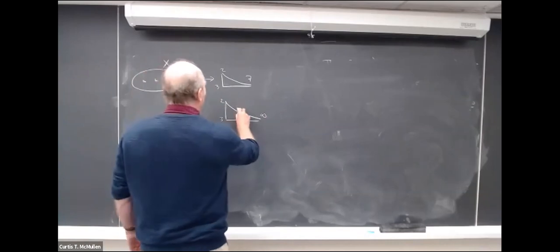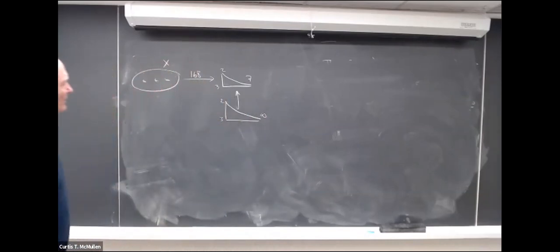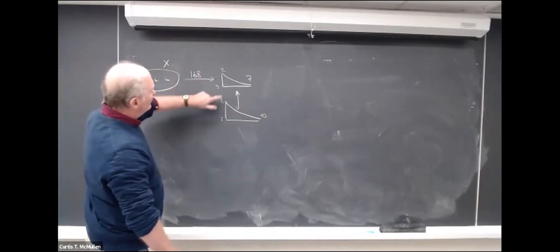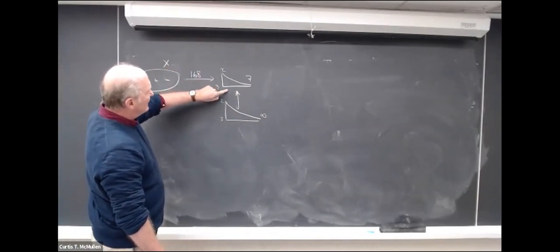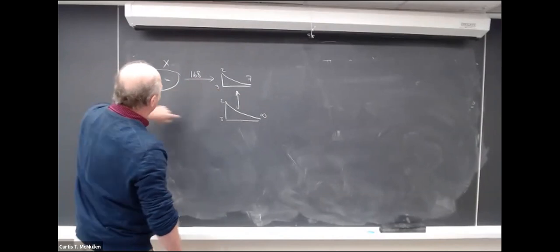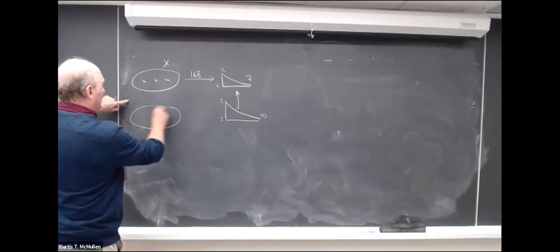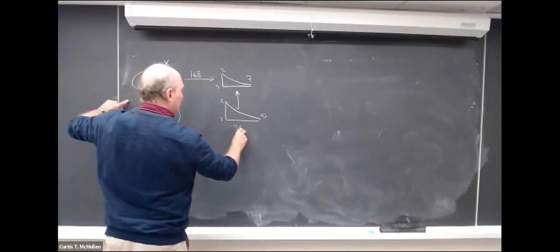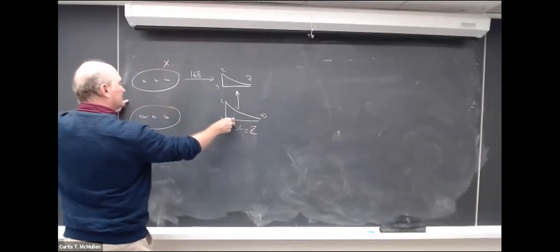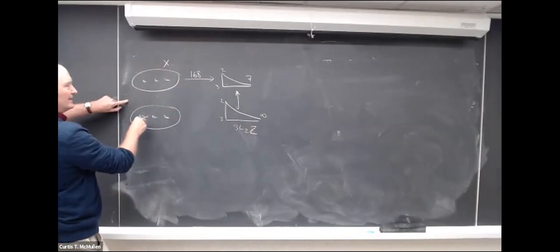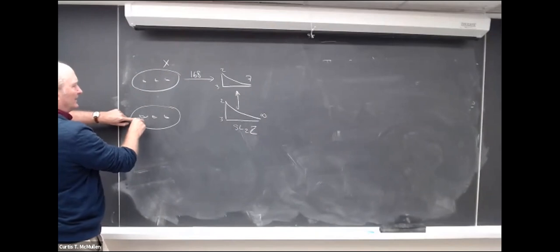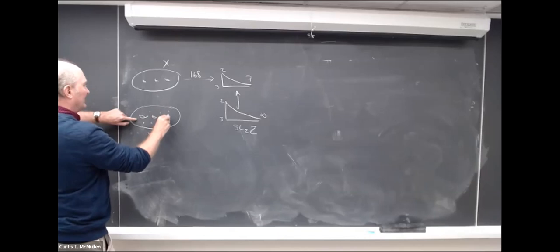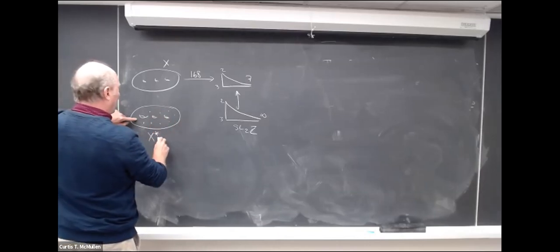Well, there's an inclusion of this orbifold into this one. And the covering space here describes a subgroup of finite index here. So we can pull that back to get a subgroup of finite index in SL2Z. And that subgroup will correspond not quite to the surface X we started with, but X with a bunch of points removed. In fact, X with 28 points removed.